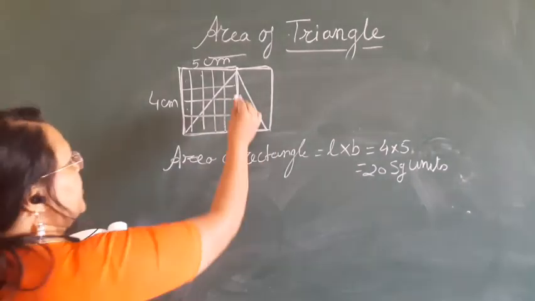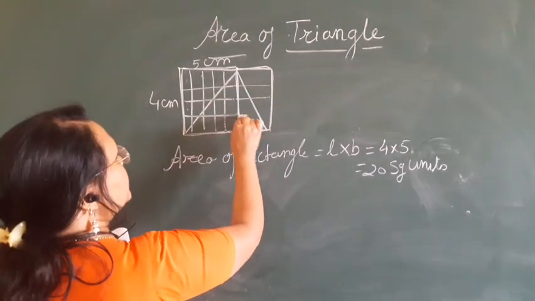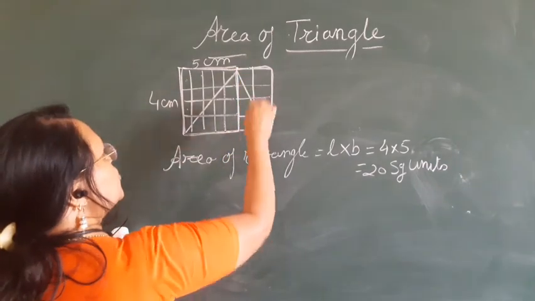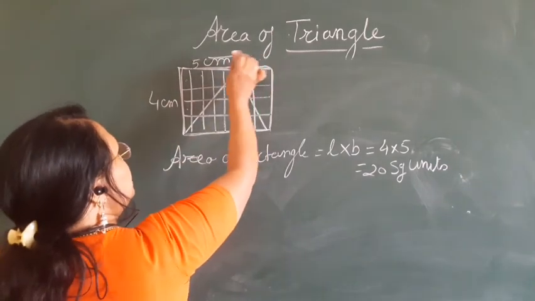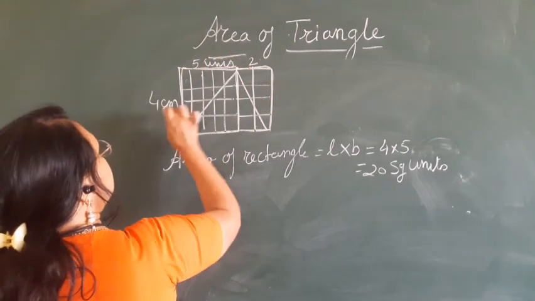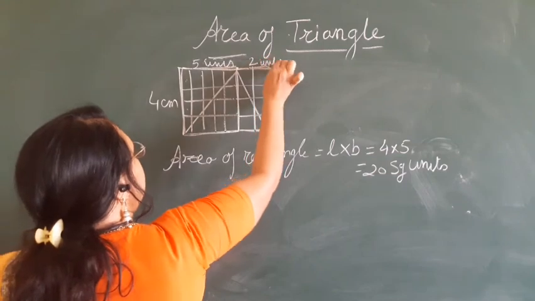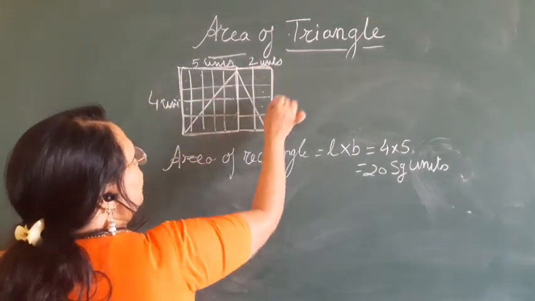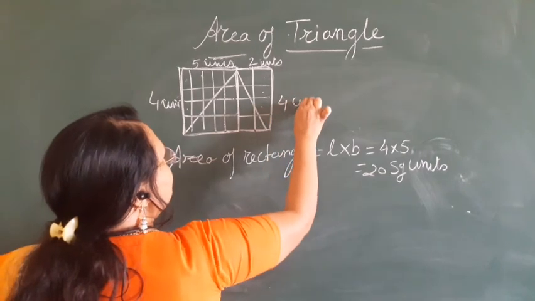Okay, so again it is 1, 2, 3, and it is 1, so this is 2 units, and 1, 2, 3, 4, it is 4 units.